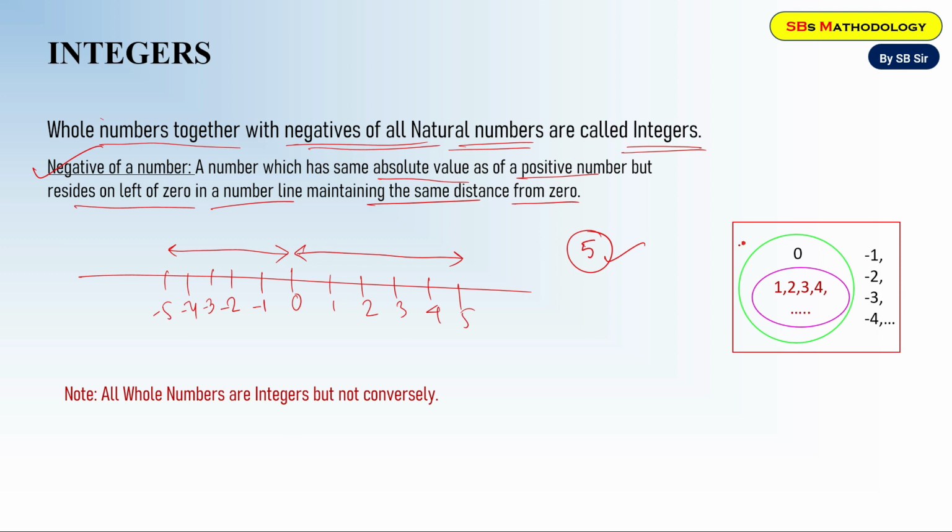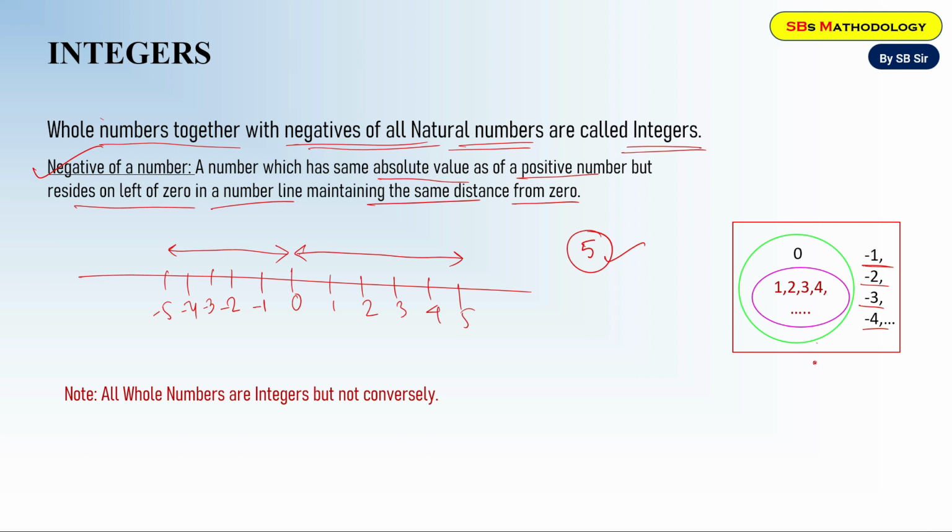We have already understood that the green circle represents the whole numbers, that is, 0 and the natural numbers. Now if we additionally include the negatives of the natural numbers, that is -1, -2, -3, -4 and so on, this gives the rectangular box which represents the integers.